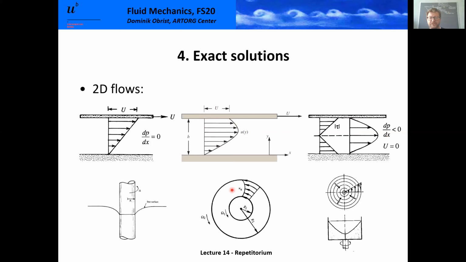We also looked at the flow between two rotating cylinders, inner cylinder rotating, outer cylinder rotating. And we also found that there's a surprisingly simple, analytically correct, exact solution of Navier-Stokes. And I think that was really important.